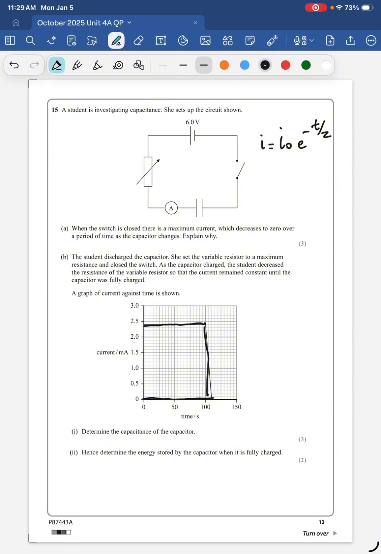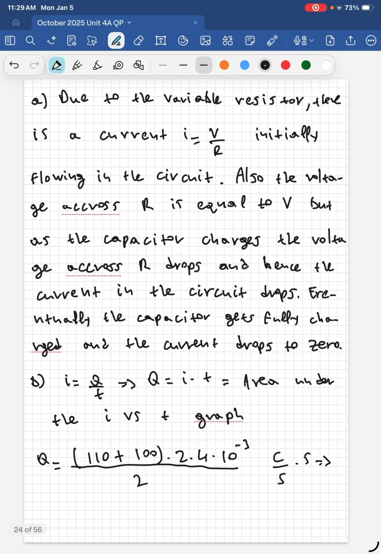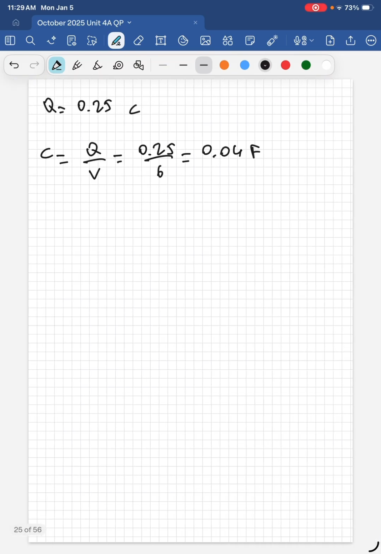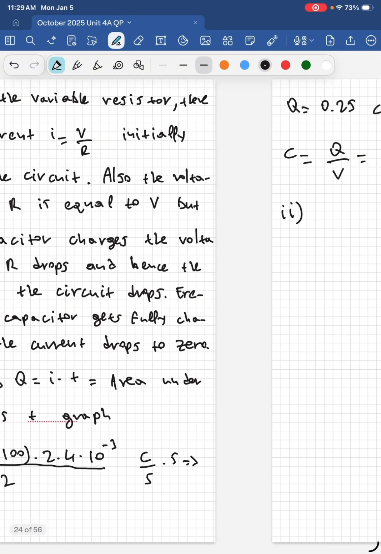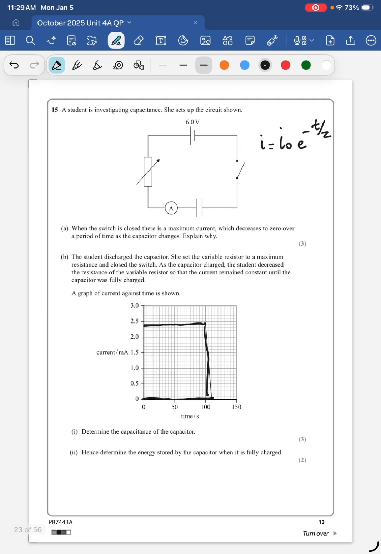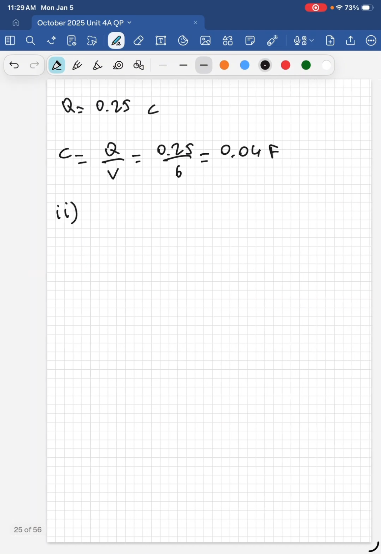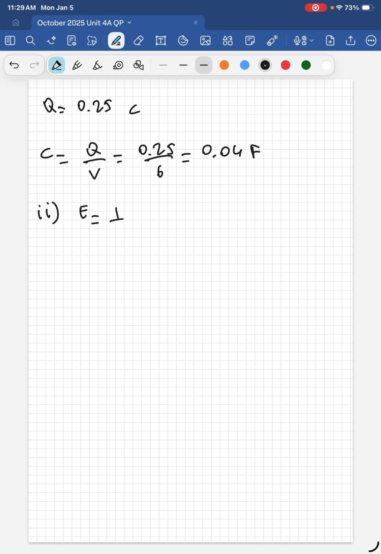Okay. Hence, determine the energy stored by the capacitor when it is fully charged. Okay, this is part 2, right? I forgot to do this when I was solving the paper myself. So the energy is 1/2 CV squared.